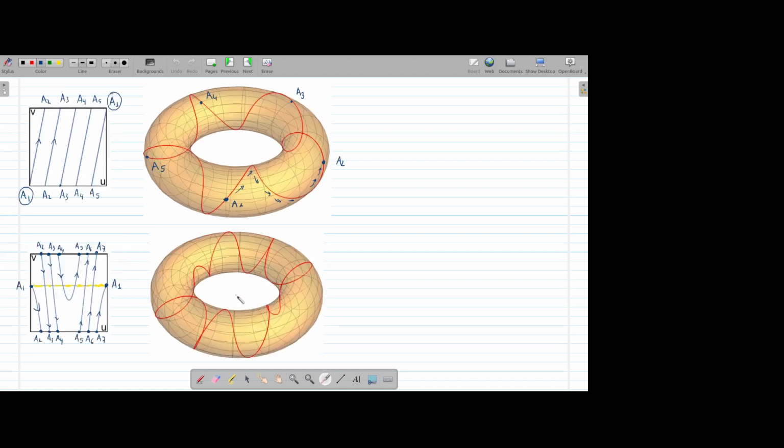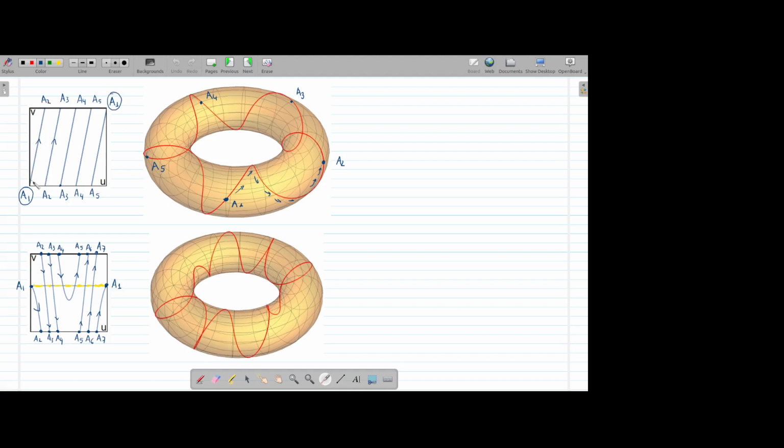Now let's look at more interesting curves. Let's consider a curve that starts at the point A1 here, and then it moves along those lines that are given by a linear relation between v and u, and it starts from A1 and ends up in A2.